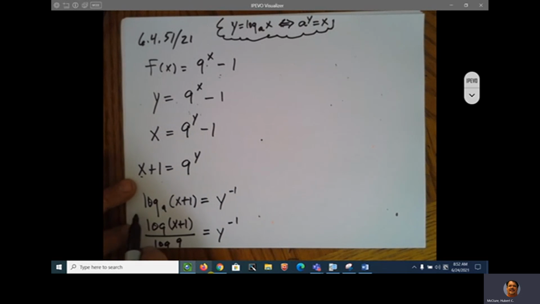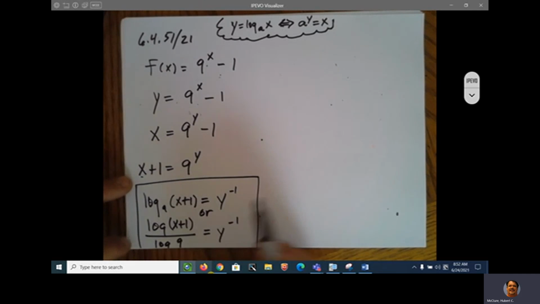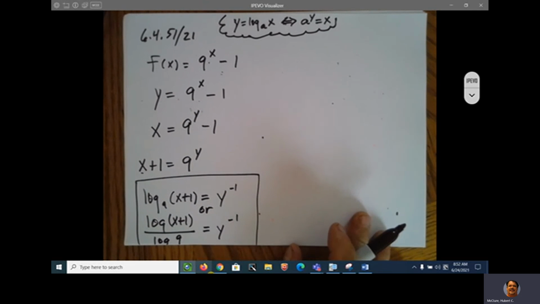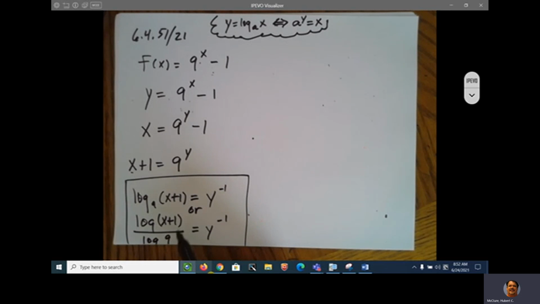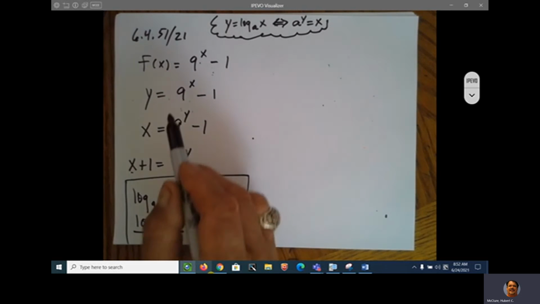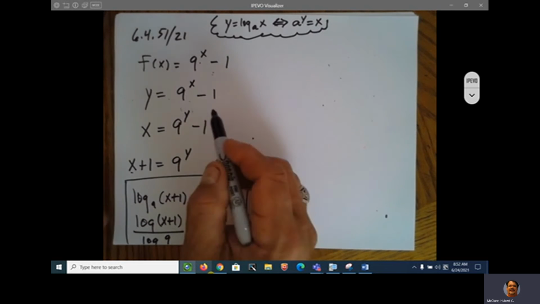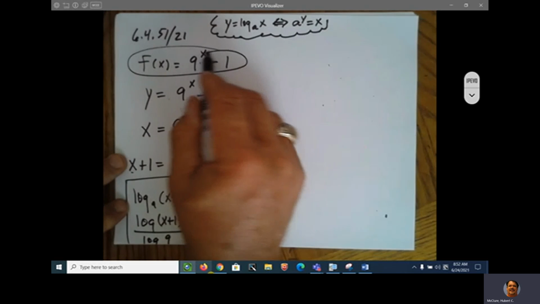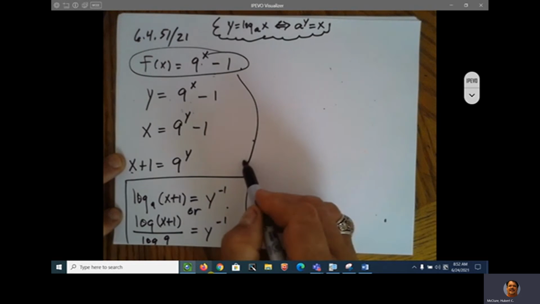Put it through the change base formula. And that, algebraically, is your y inverse of 9 to the x minus 1. And you can punch this one in the calculator and this one in the calculator and compare them.